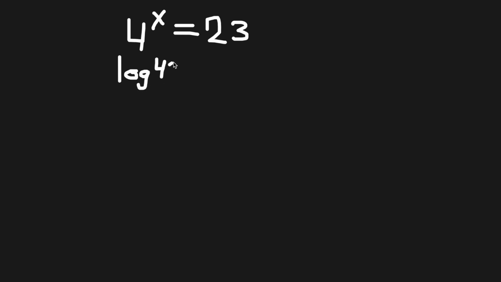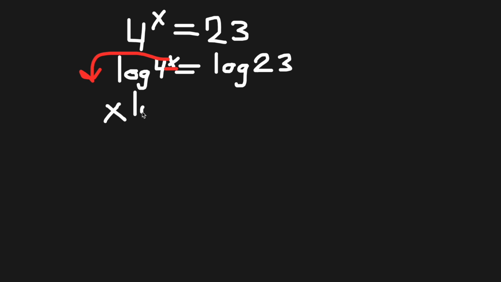It's going to be using log. Log of 4 to the power of x is equal to log of 23. Now that we can assume this is equal, we're going to take this x and move it to the front of the equation. So we rewrite the whole equation, saying that x log of 4 is equivalent to log of 23.